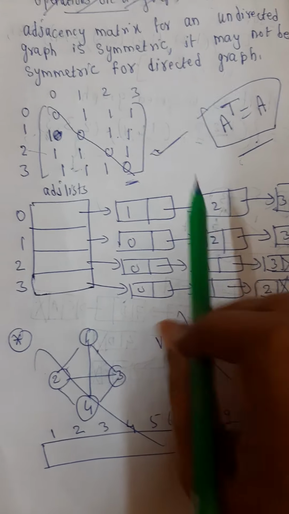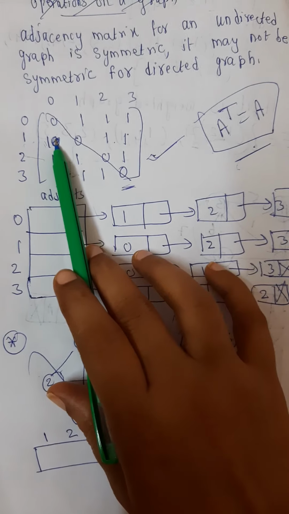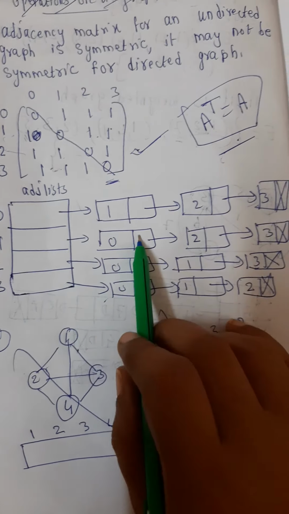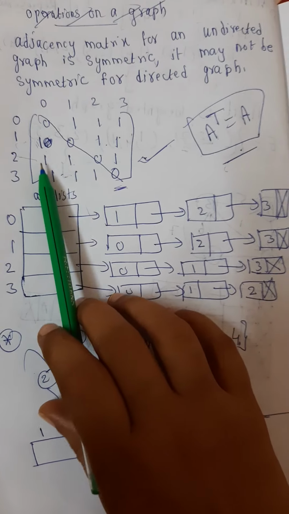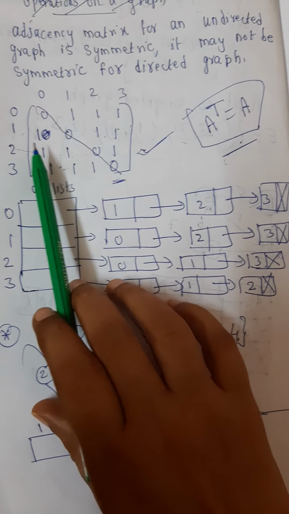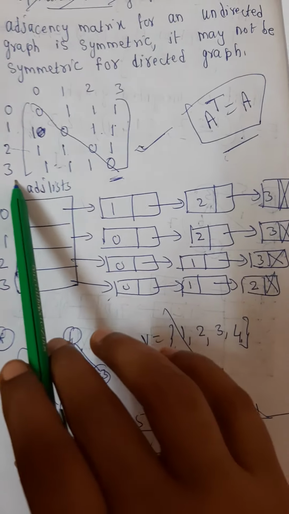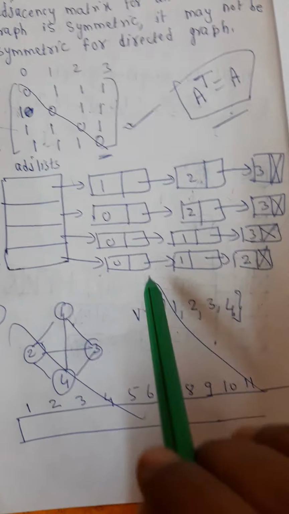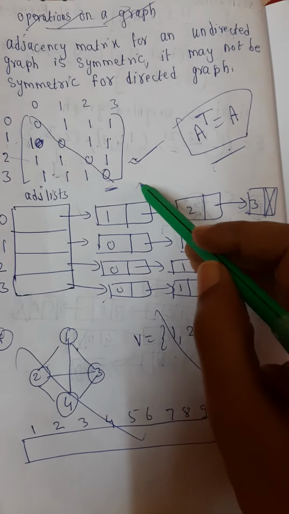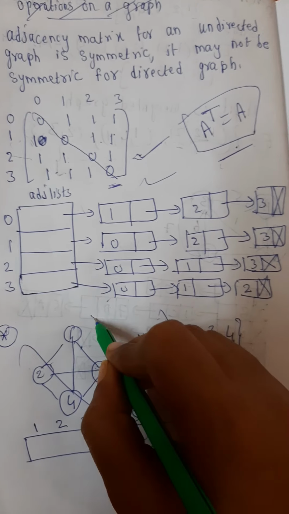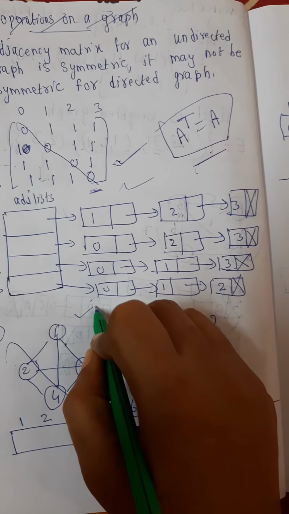So the adjacent vertices are 0, 2 and 3. Now adjacent vertices of 2 are 0, 1, 3. And adjacent vertices of 3 are 0, 1, 2. So from the adjacency matrix, we are finding out the adjacency list here.